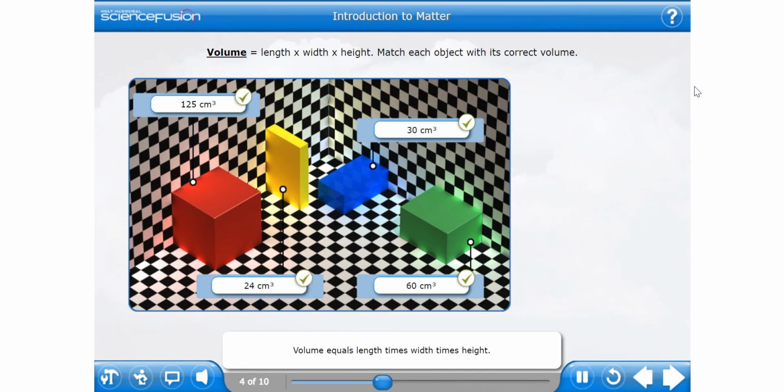Well done! Volume equals length times width times height.